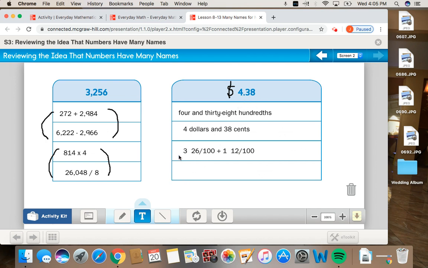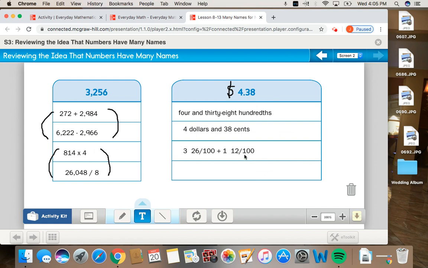It's just written as fractions. 3 plus 1 is 4, and 26 plus 12 gives me 38, and then I leave my hundredths the same.